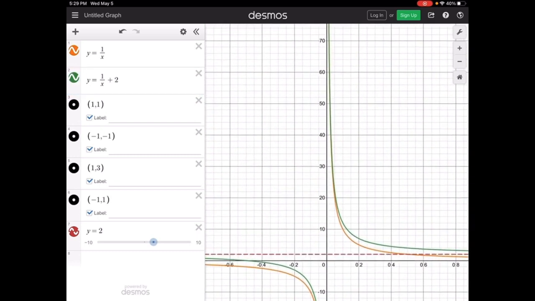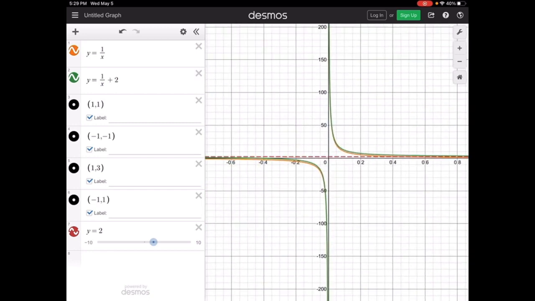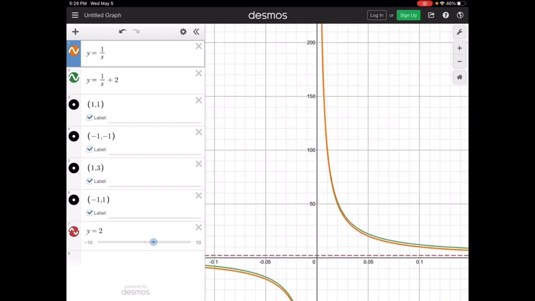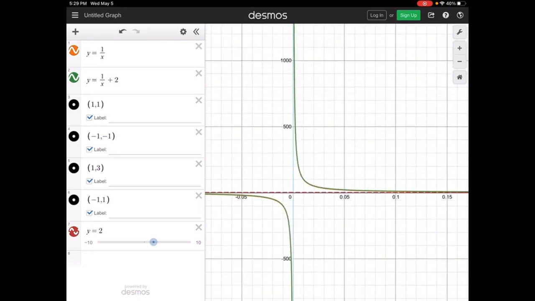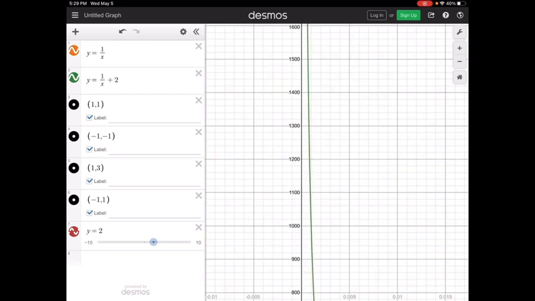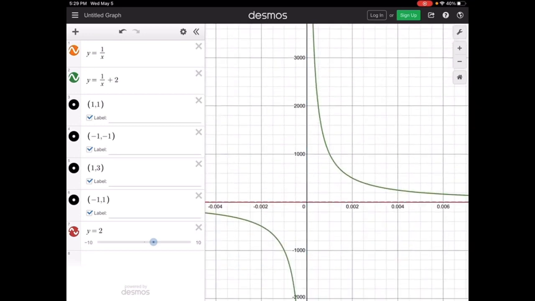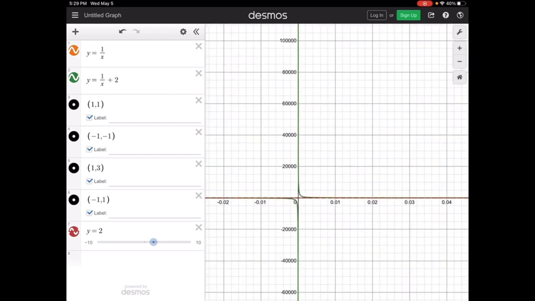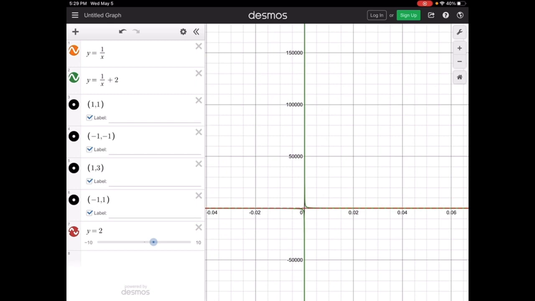From the right, as x is approaching 0, y is going towards positive infinity. So it gets closer and closer and closer, but never touches it. So here, x keeps getting closer and closer and closer to 0.